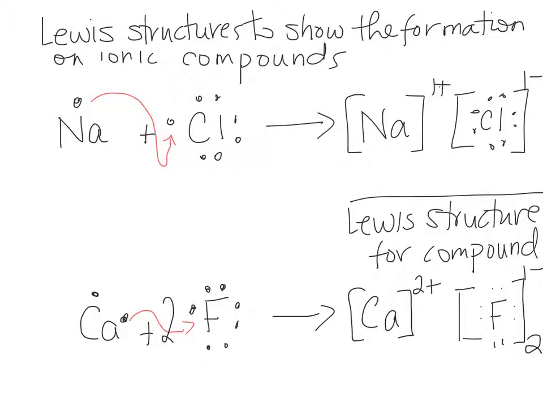But there's 2 of them. Another way to draw this, you could put calcium in the middle and draw 2 fluorines, 1 on each side. Or you can be lazy and put a 2, which is what I am. The other one would be a fluorine, a calcium, a fluorine. Fluorine has 8. Okay?